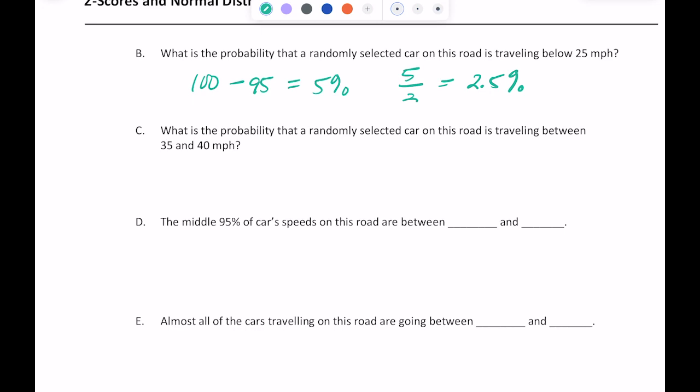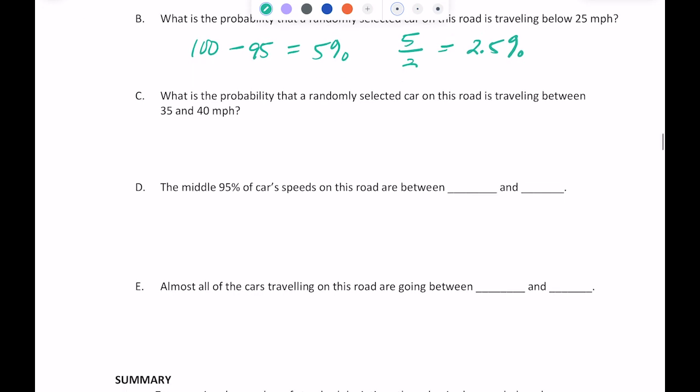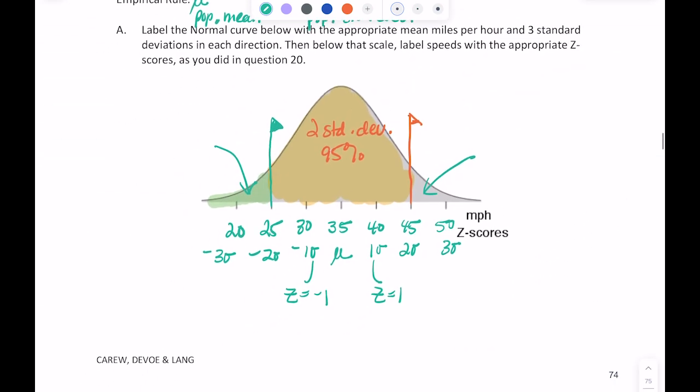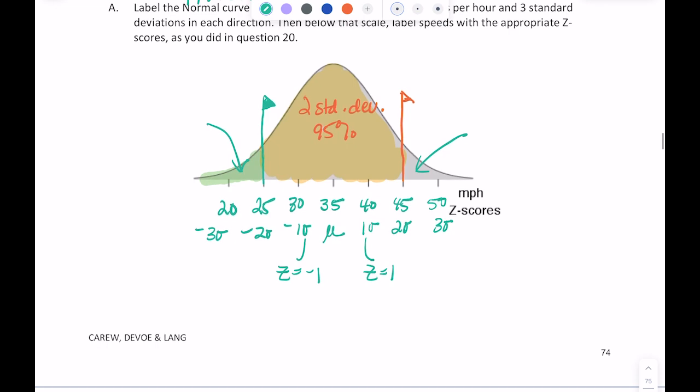Now I want to know, what is the probability that a randomly selected car on this road is traveling between 35 and 40 miles per hour? Okay, so I'm going to take this picture here, and I'm just going to copy paste.